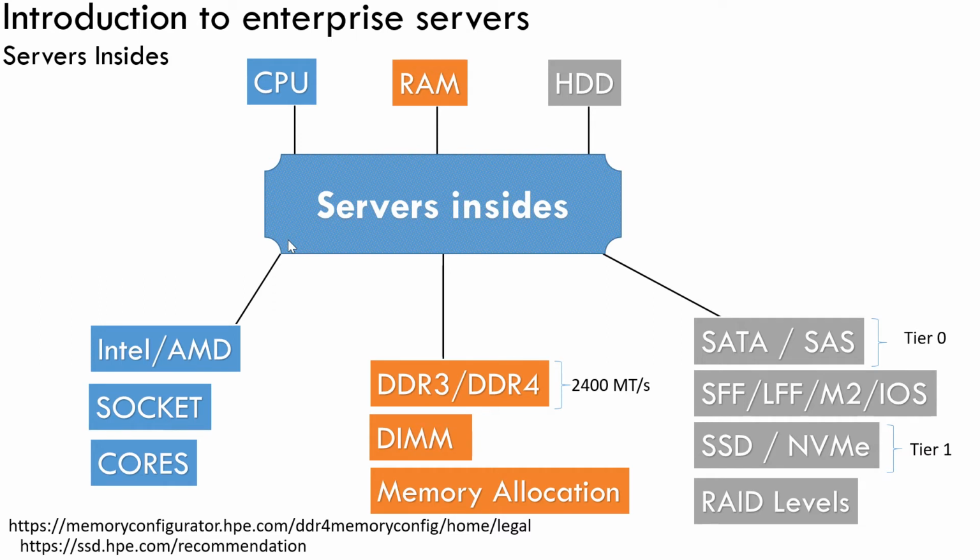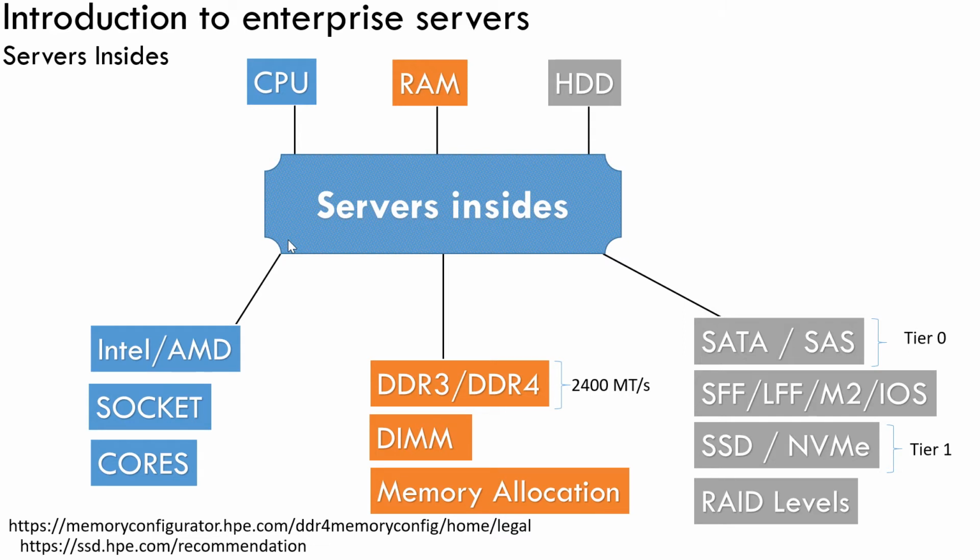Inside each server, there is a CPU, RAM, and hard disks. We have different CPU types: AMD and Intel, and 64-bit or 32-bit architecture. Some servers have two CPUs and others have four CPUs, or two CPU sockets.